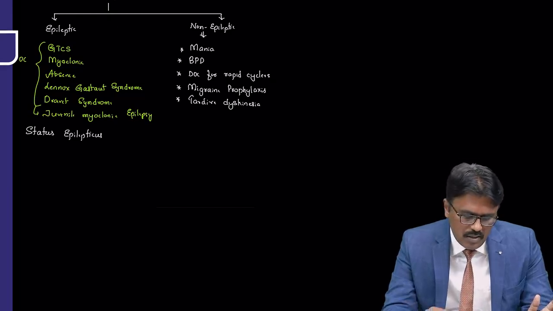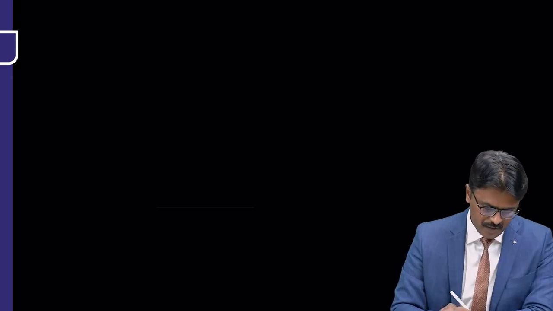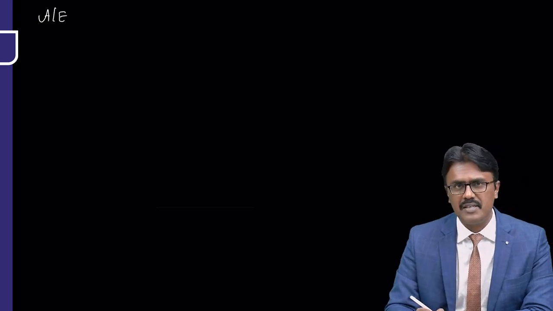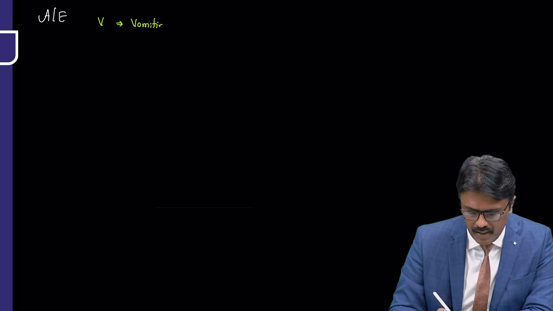So once you know all this pharmacokinetics, mechanism of action, uses, let us understand the adverse effects. Very, very important, the adverse effects. So what are the adverse effects of valproate? You can remember by the name valproate itself. Let me write. So it produces vomiting and nausea.